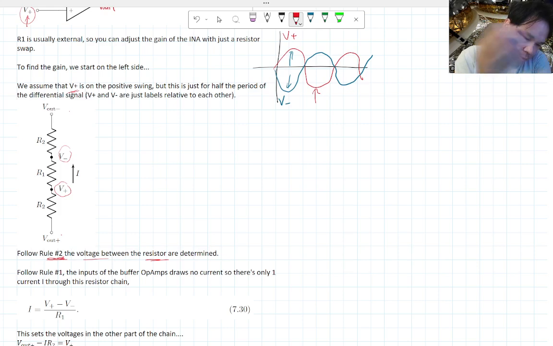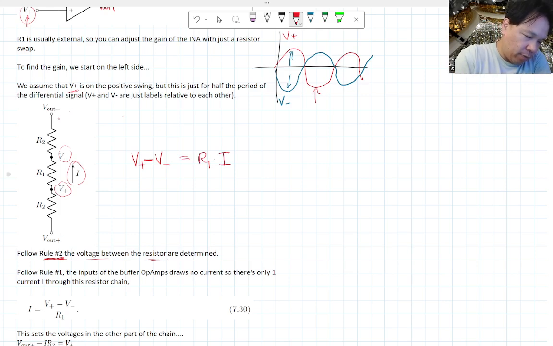Okay, so let's do V out plus first. Well, actually, let's not do that first. Let's calculate what this current is in terms of this resistor value and V plus over V minus, because all we have to do is use Ohm's law. So the change in voltage, which is V plus minus V minus, be a little careful with these signs, is going to be R1 times whatever this current is.